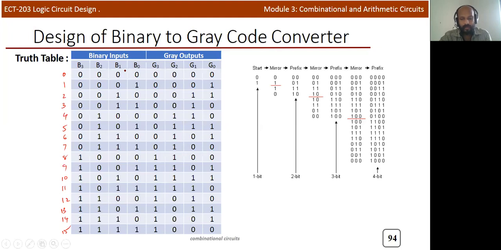And the corresponding combinations are given in this particular table. So here you can see the gray output corresponding to each binary. So we need to write the gray code sequence for the corresponding 0 to 15 binary sequence.